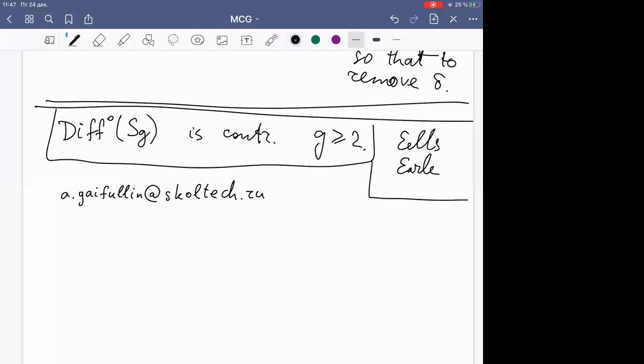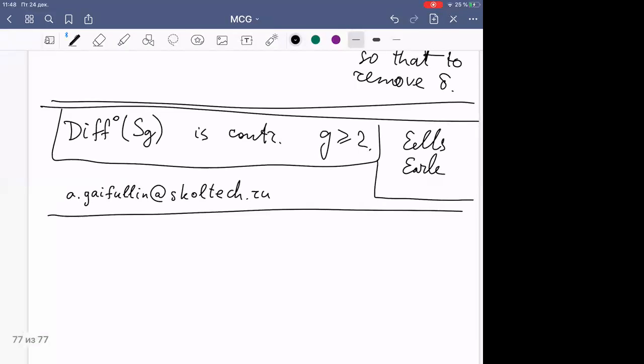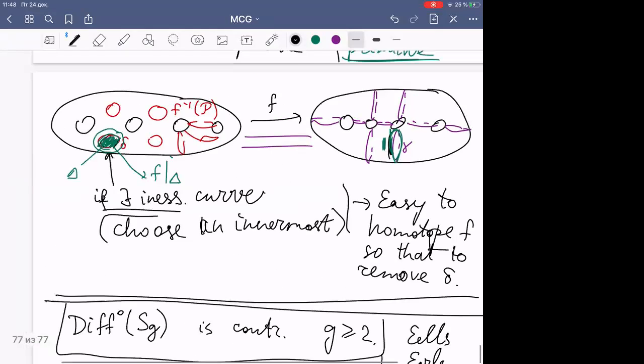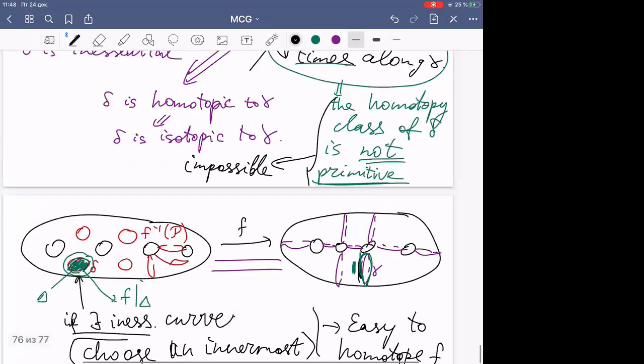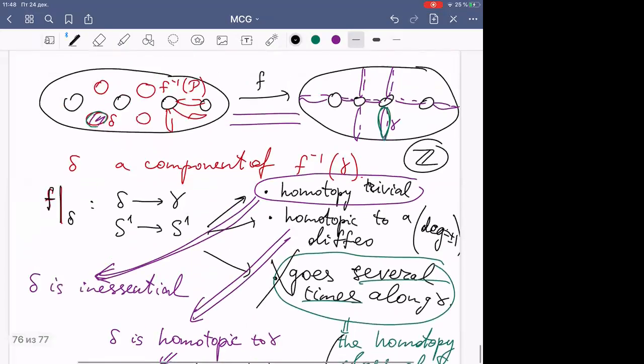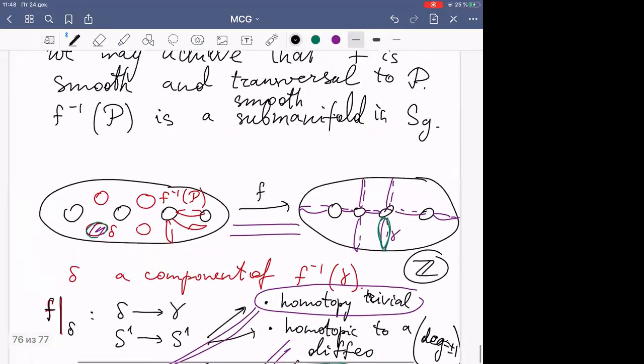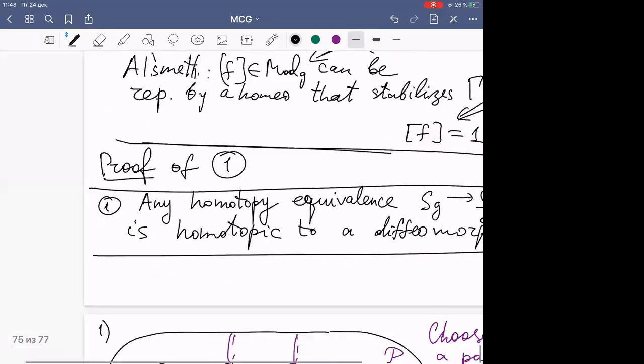Well, so today, the plan for today is the following. First of all, I will finish the proof of the Nielsen-Baer theorem.